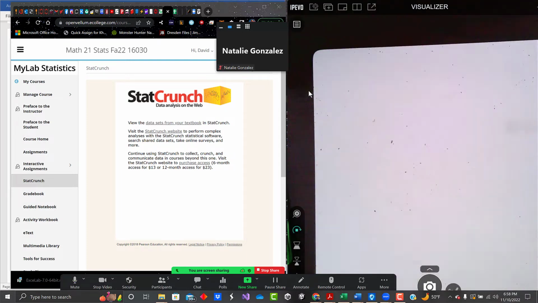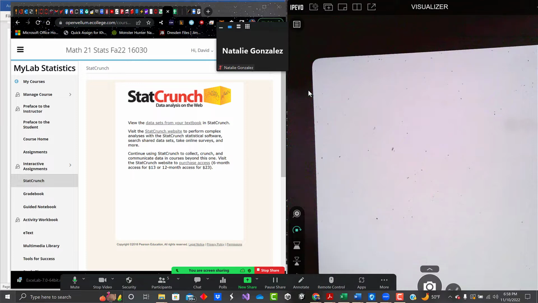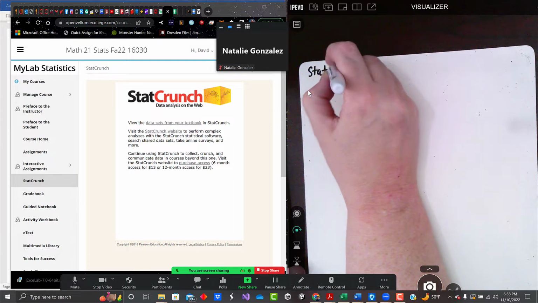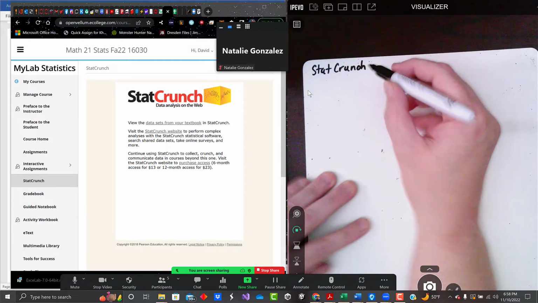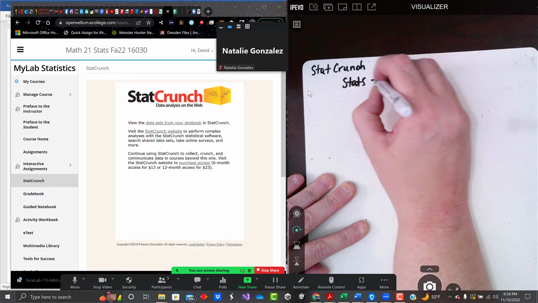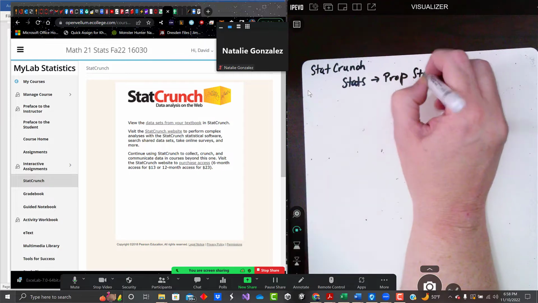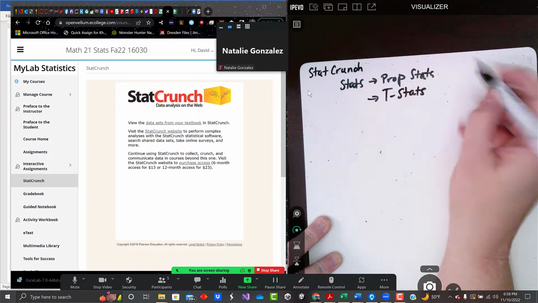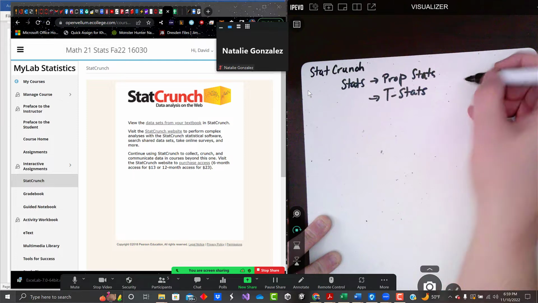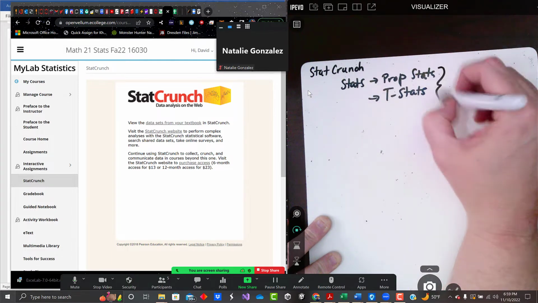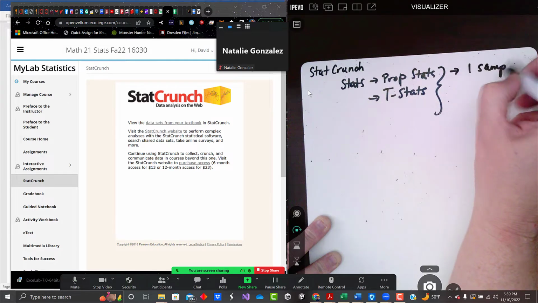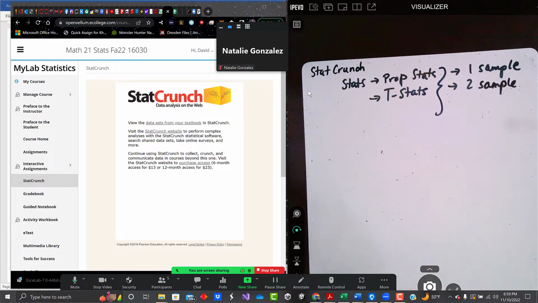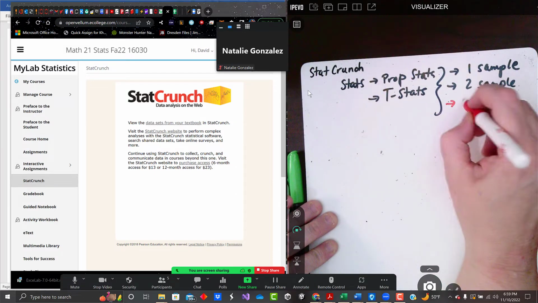All right, so what we've done so far in StatCrunch, we would do Stats, and then Proportion Stats or T Stats. Then we'd have either one sample, two sample, or for the mean only, for T only, paired.